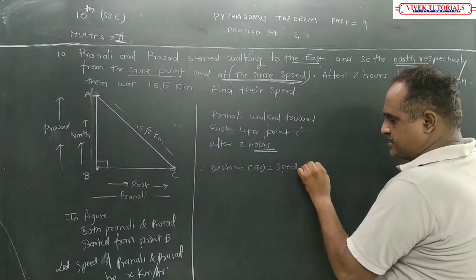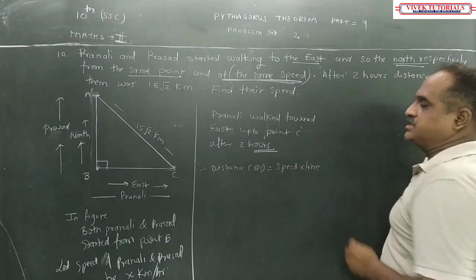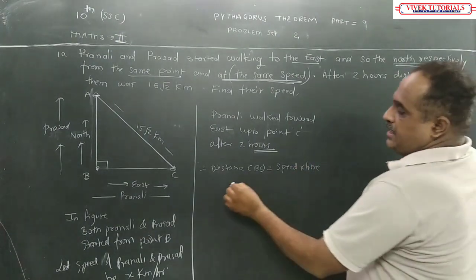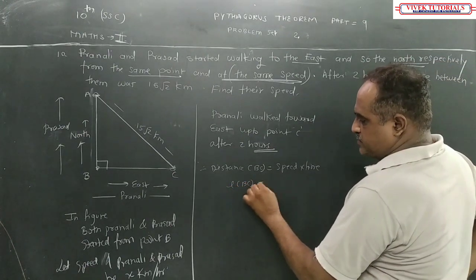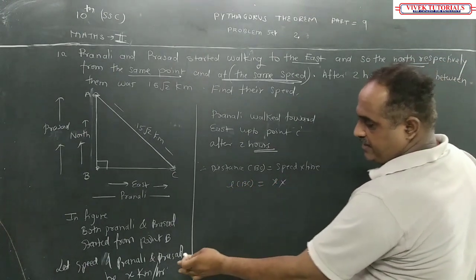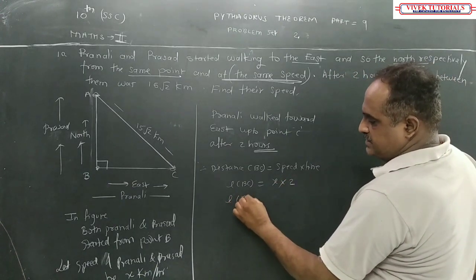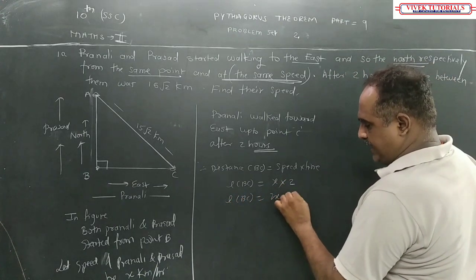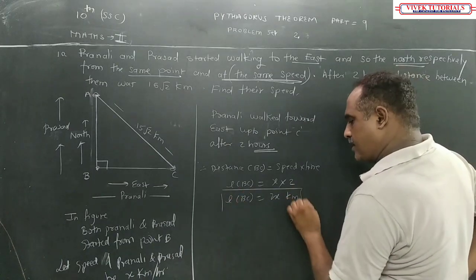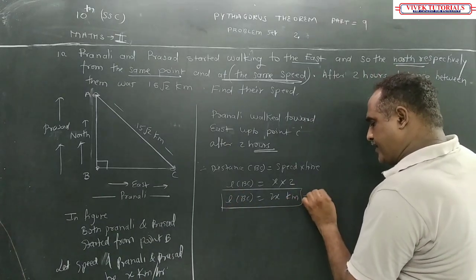It's the formula, you should know it. Distance equals speed into time. So length BC is equal, speed is how much? x. We have taken x, no? And time is how much? 2. So length BC is equal to 2x kilometer. This I can take as equation 1.